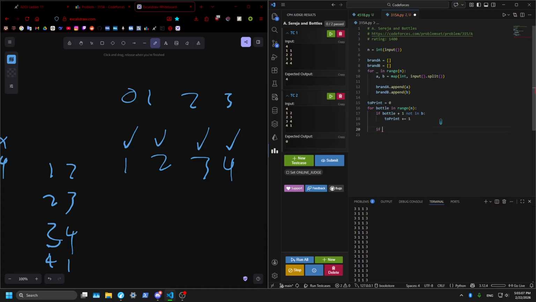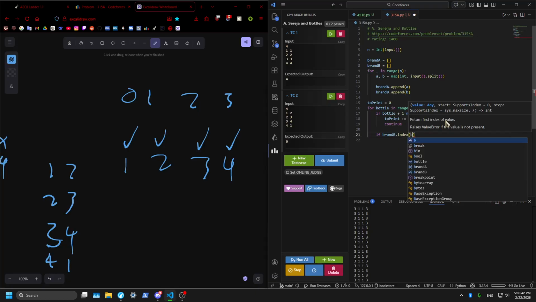If to print plus equals 1 continue. If brand B dot index bottle plus 1.